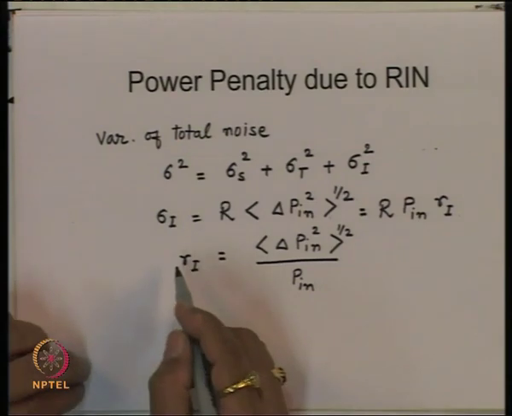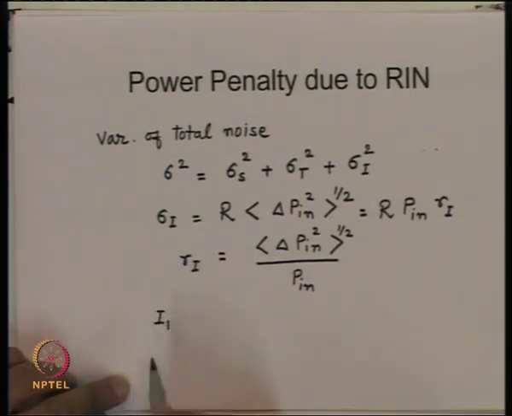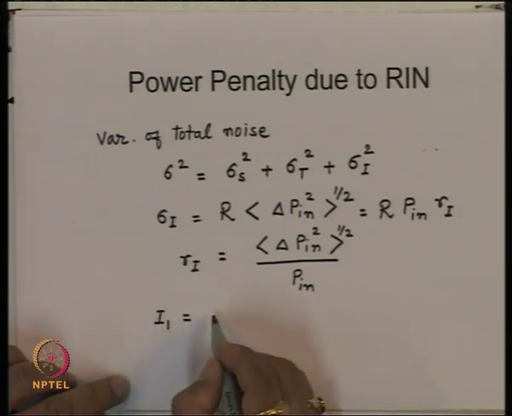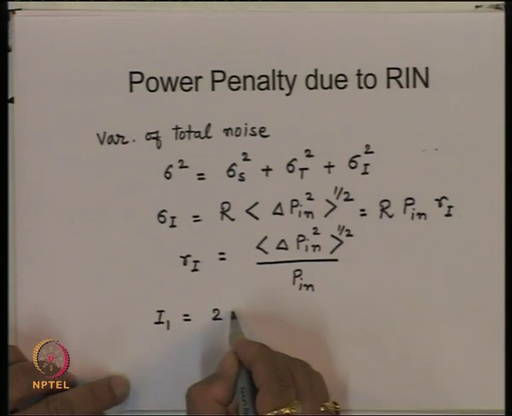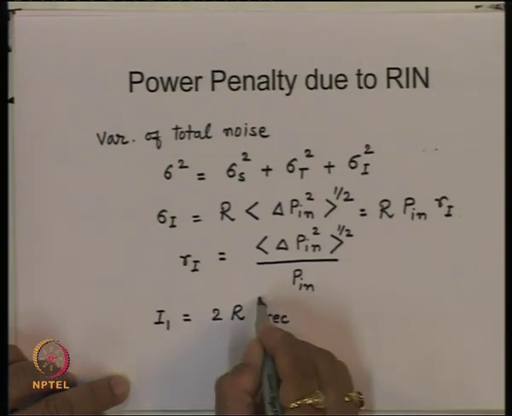So, in this case, since the extinction ratio is 0, corresponding to the 1 level we have the current I1 that will be 2 times R into the average value of the power, which is average P received.